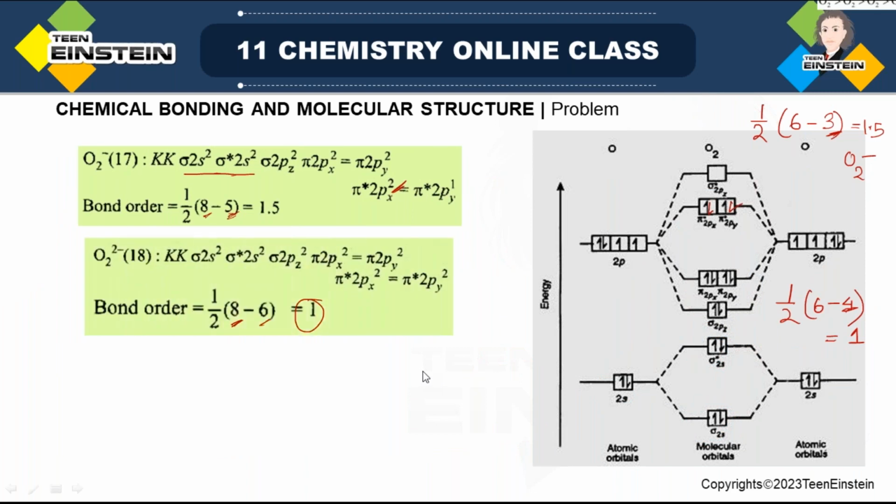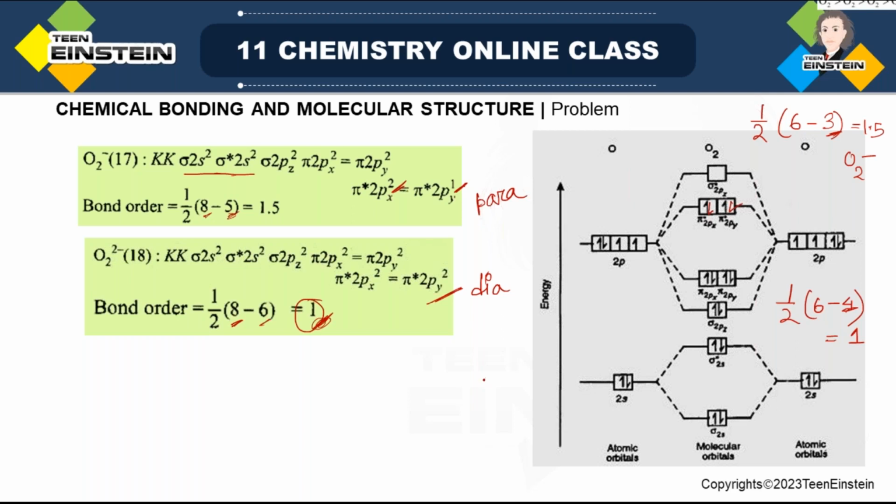In these two species, we have an unpaired electron, right? And here also. For O2 2 minus, we do not have any unpaired electron. So this is the only species which is diamagnetic. This is also paramagnetic, right?